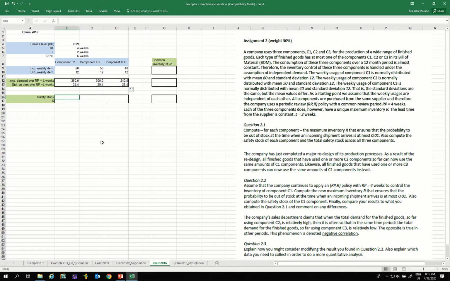Next, we need to calculate the safety stock. Consider component C1. Safety stock is equal to the safety factor multiplied by the standard deviation of demand during Rp plus L. We will use NORM.S.INV to find the Z value corresponding to a cycle service level equal to 99%.